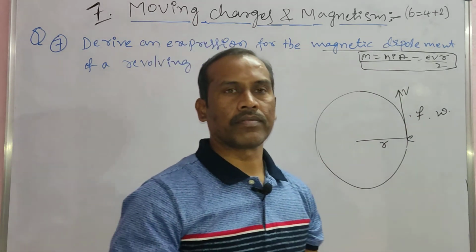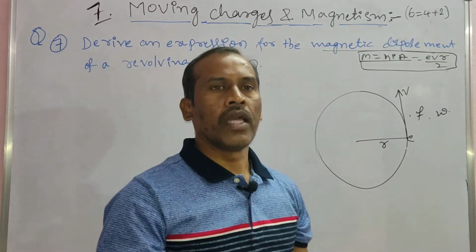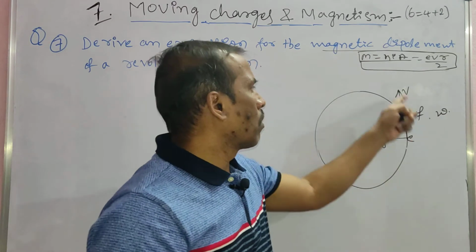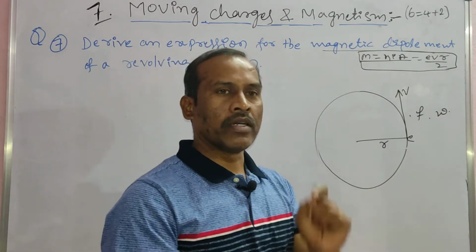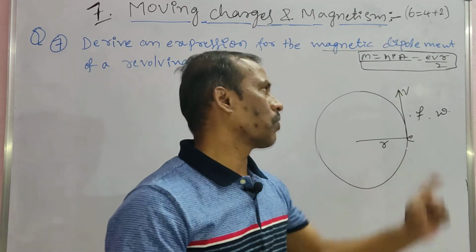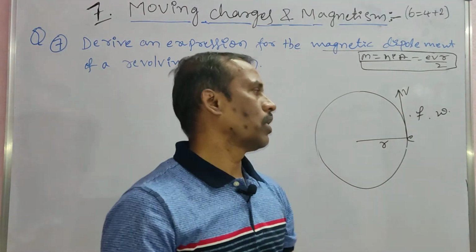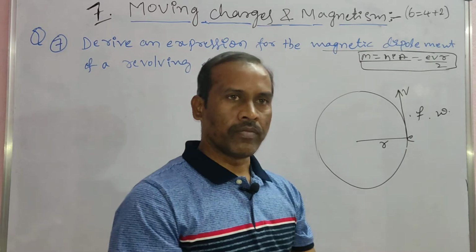Let us consider the electron revolving in a circular orbit of radius r, with speed v and frequency f.